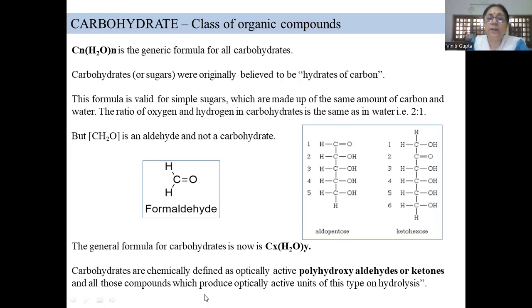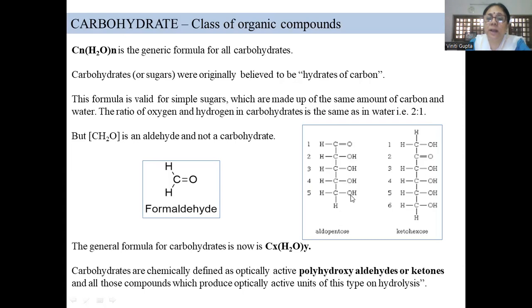The important and new definition is optically active polyhydroxyaldehydes or polyhydroxyketones. So let me first explain why polyhydroxyaldehydes or polyhydroxyketones. If we see a pentose, we see that there are many hydroxy groups here, OH, hydroxy or hydroxyl.